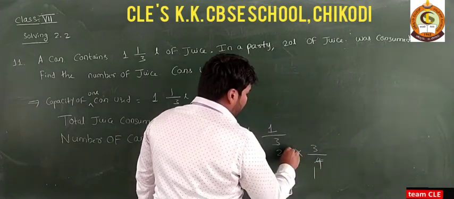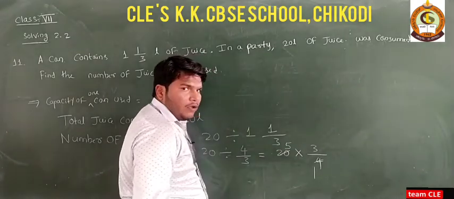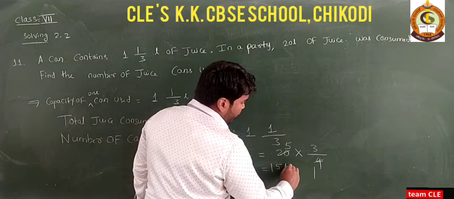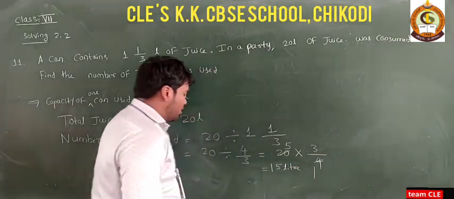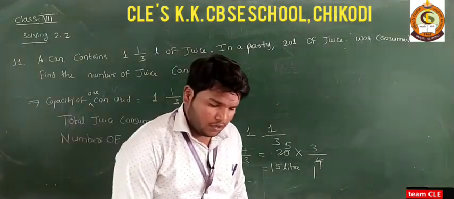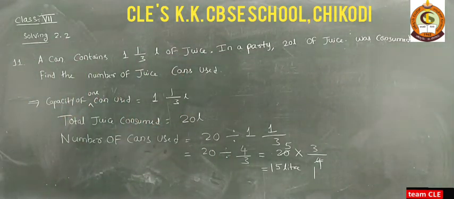So 4 ones are 4, 4 5s are 20. So in the numerator the remaining is 5 and 3. So 5 3s are 15. So the number of cans used is 15. Okay, I hope you have understood these two examples, that is the 11th question as well as the 10th question.